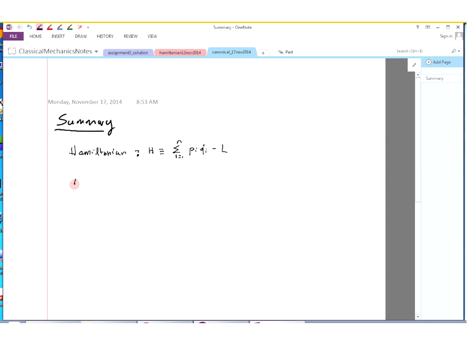And then the equations of motion were given by the canonical equations.